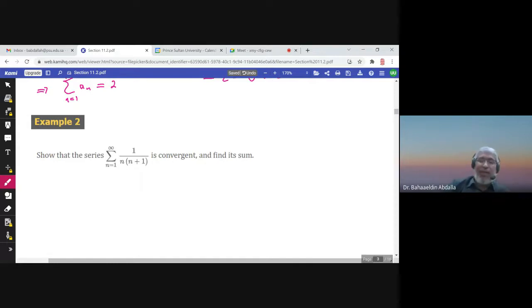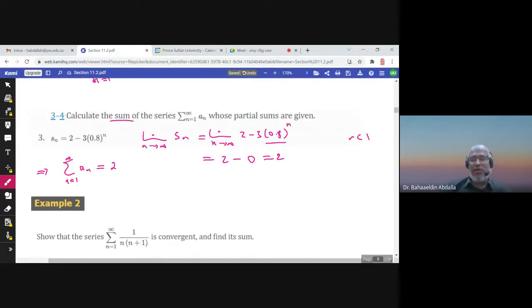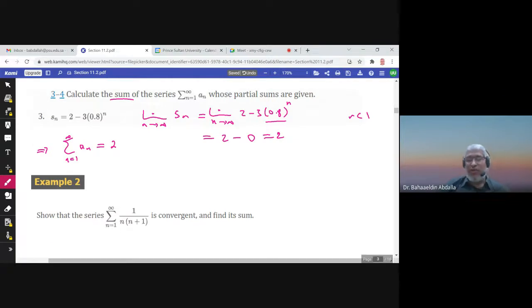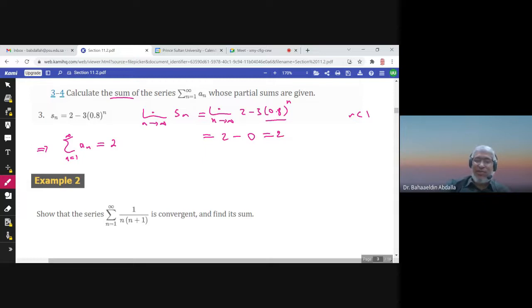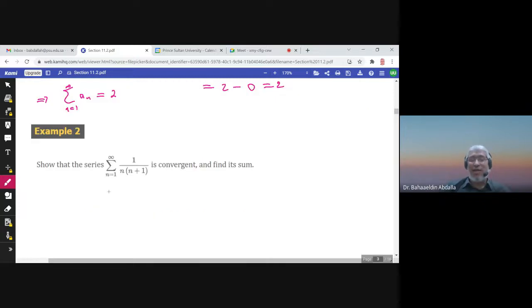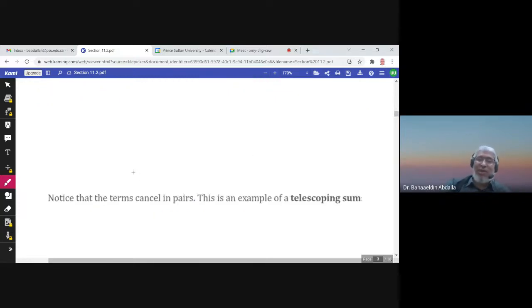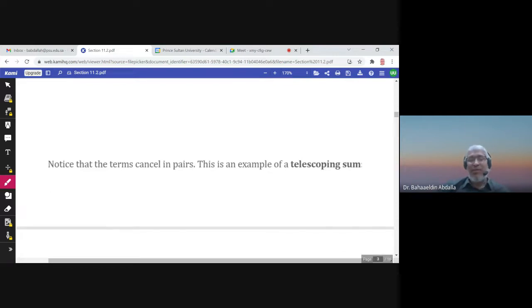Okay, suppose that Sn is not there. And that's usually the case. We don't have Sn. Usually, Sn is not given. So how to find out whether the series is convergent or divergent? Well, for some series, like this series, they can be changed to what we call a telescoping sum.